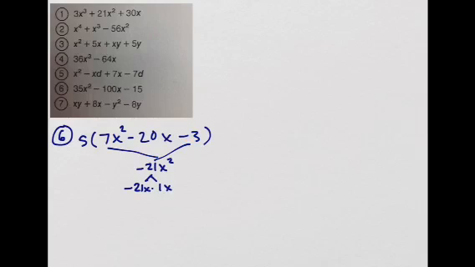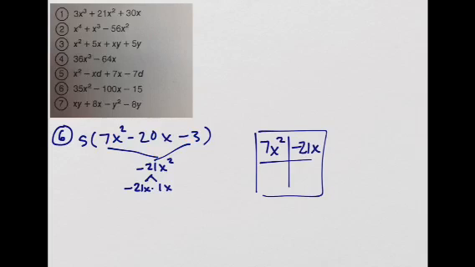So now from here, I can draw my little grid here. So 7x squared, negative 21x, positive x, negative 3. So the greatest common factor in the first row is 7x. Then x times 7x is 7x squared. Then negative 3 times 7x is negative 21x.